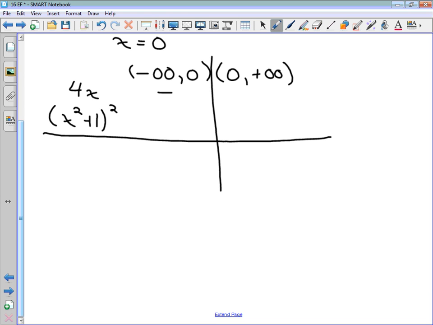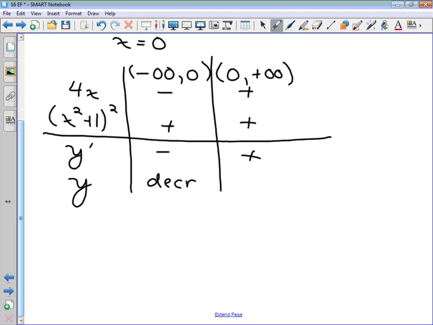If x is positive, 4x is going to be positive. The term in the denominator, because the whole thing is squared, is going to be positive no matter what we do. So our derivative is going to change sign from negative to positive at x equals 0, and in terms of our original function, it goes from decreasing to increasing.